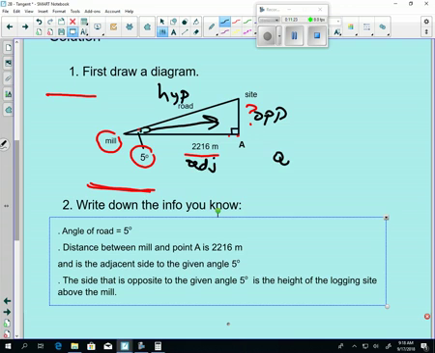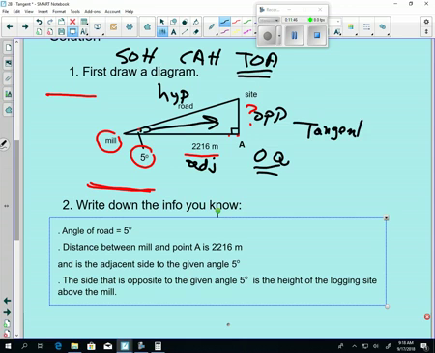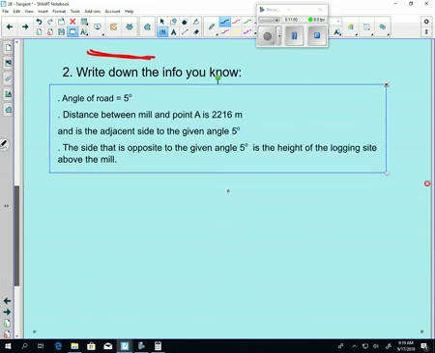They want to know the opposite side, O. Remember SOH CAH TOA. Which one has an O and an A in the letters? It's only this one, TOA. So that means I have to use tangent. I don't use sine, I don't use cosine, I use tangent.